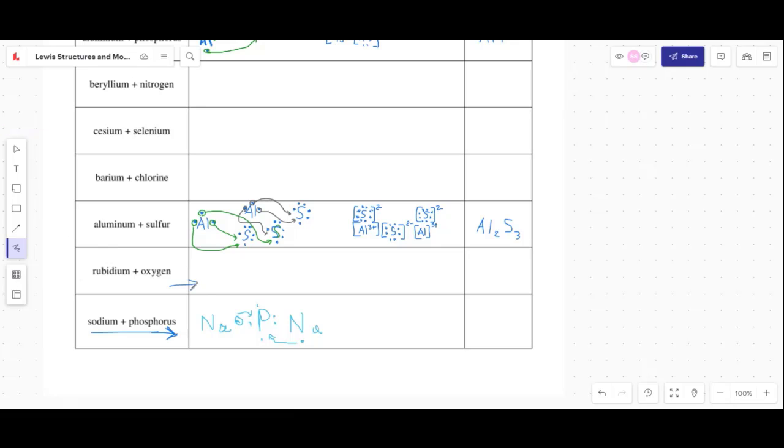And you can draw up here too if you want to. Like, want to draw that last sodium. You could draw it up there if you wanted to, just because there's room. There you go. Now is the phosphorus happy?